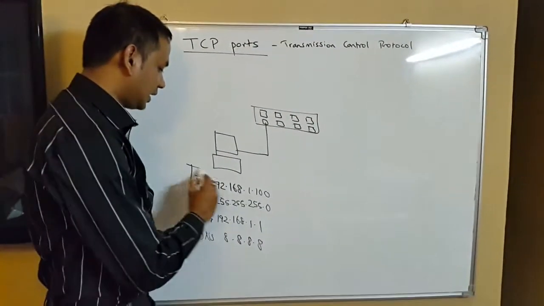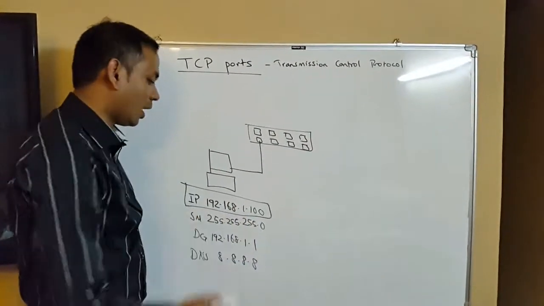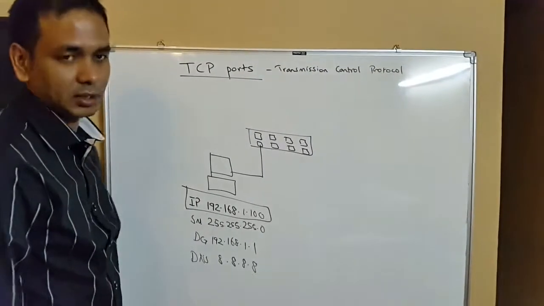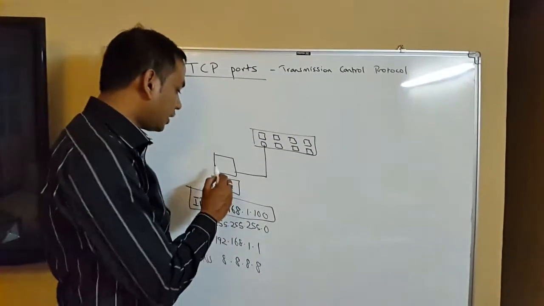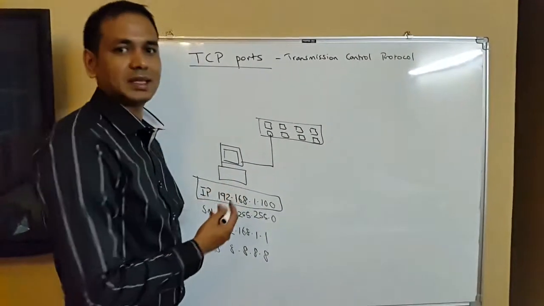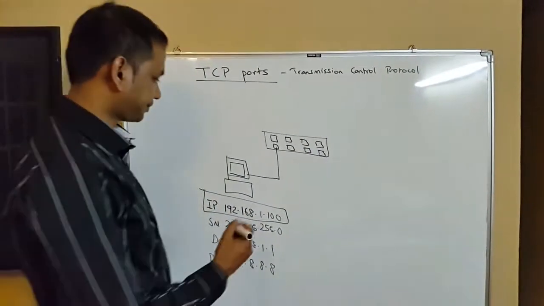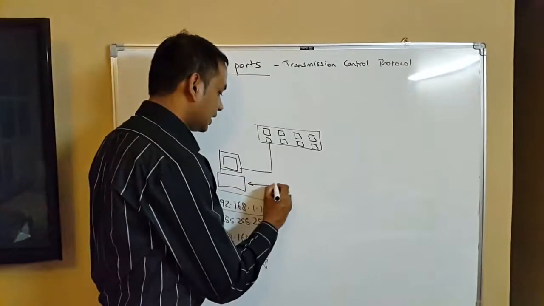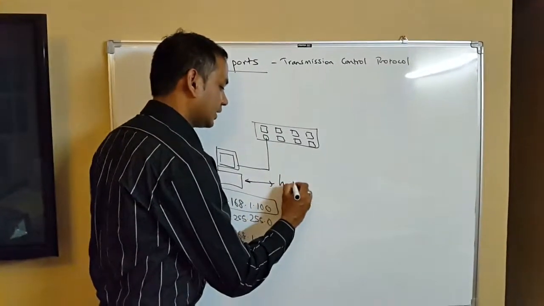That PC IP address is 192.168.1.100. For example, this PC now, I want to make it a web server. That PC, I want to host a website.